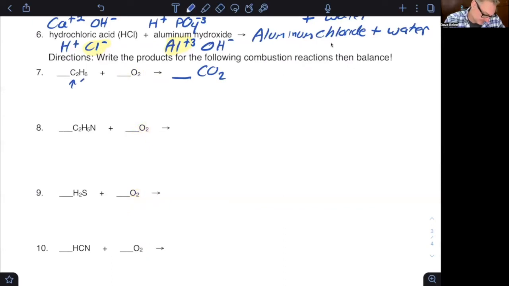And if there's hydrogen, which in this case there is, it's going to form water, which you can write as H2O, or you can write as my favorite, HOH. In this case, it really doesn't matter because you're not breaking it back apart. Whatever you're more comfortable with. Okay.